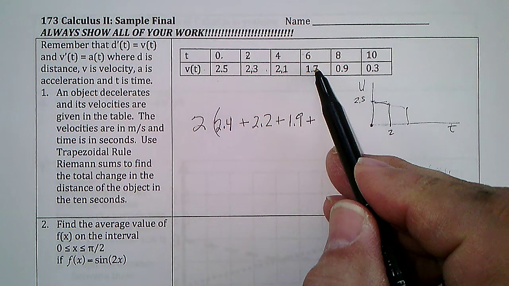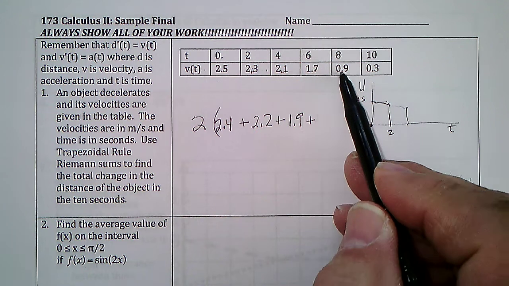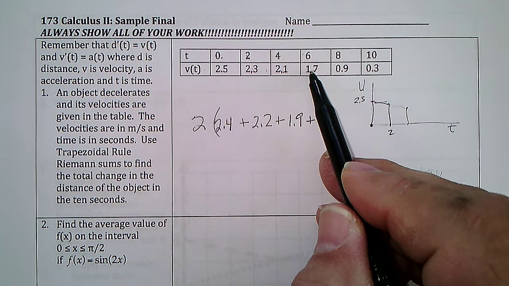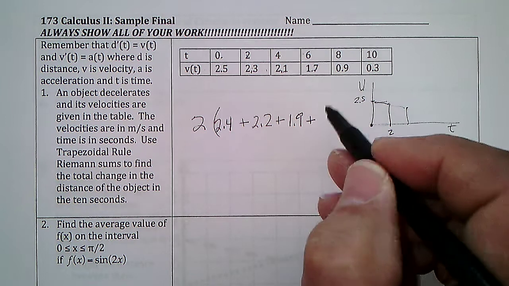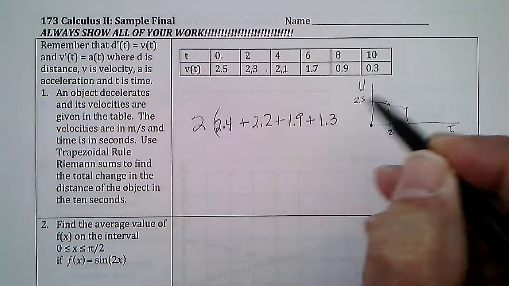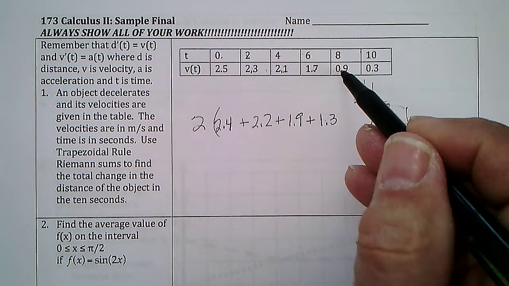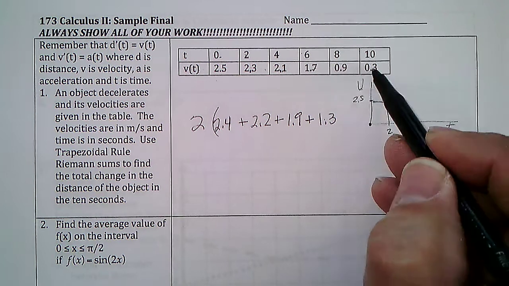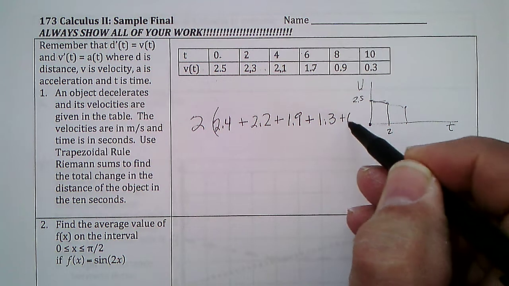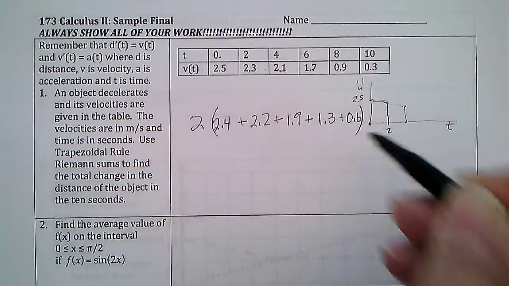And between 0.9 and 1.7 is 1.3, I believe. That's 4 down from there and 4 up from there. Yep. And halfway between here would be plus 0.6.